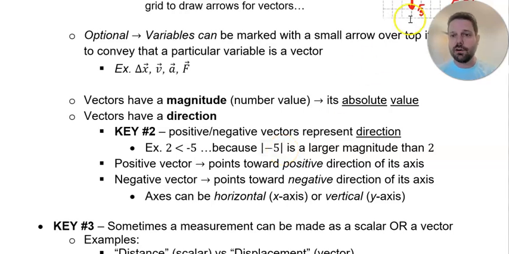It would be, for example, in our grid, 5 boxes, but just pointing to the left in the negative direction. Whereas a different arrow pointing to the right might be only 2 boxes. So 5 boxes is greater than 2 boxes. So with that positive or negative representing direction, it creates a potential point of confusion when you compare vectors and scalars.